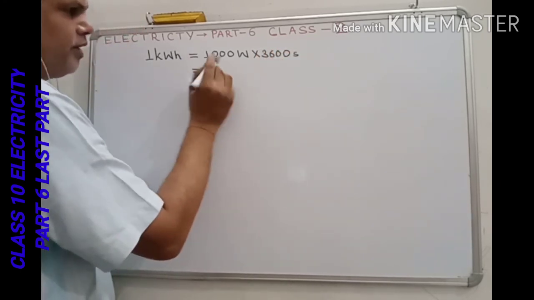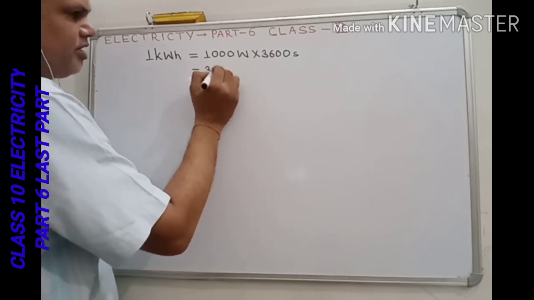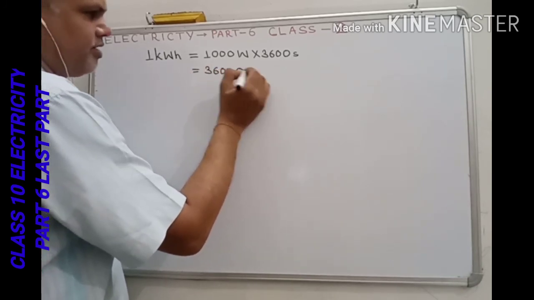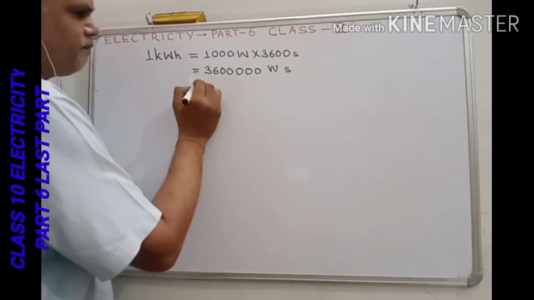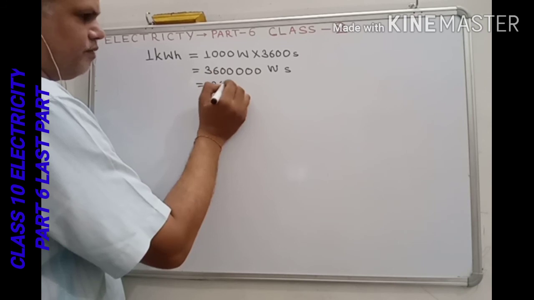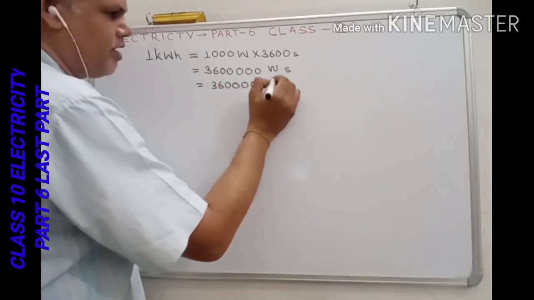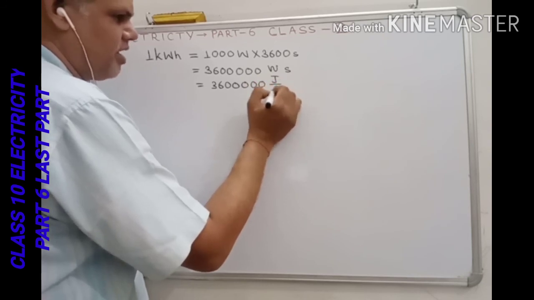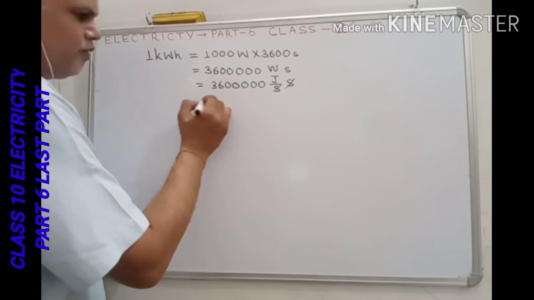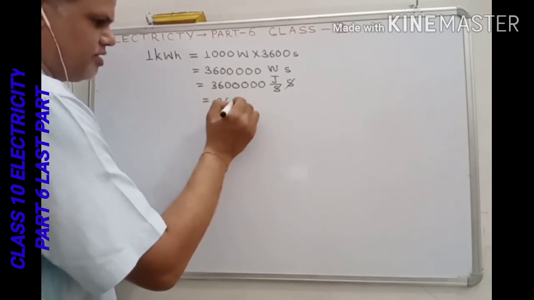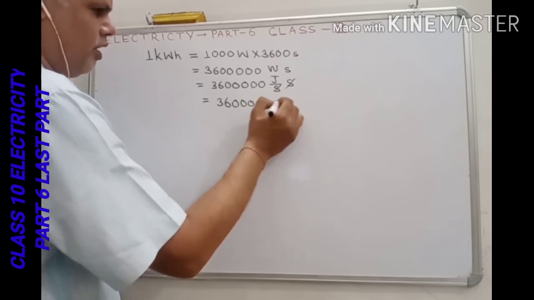If we multiply both, we get 3600 and these 3 zeros, watt and second. Watt means joule per second, and the seconds cancel out. So we can write it as 3,600,000 joule of energy.